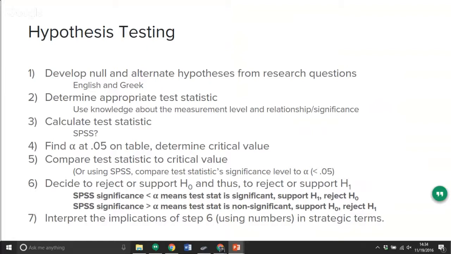So SPSS will calculate test statistics. It will calculate degrees of freedom. It will calculate p-values, which are the levels of significance.